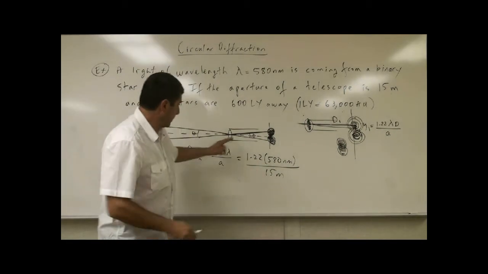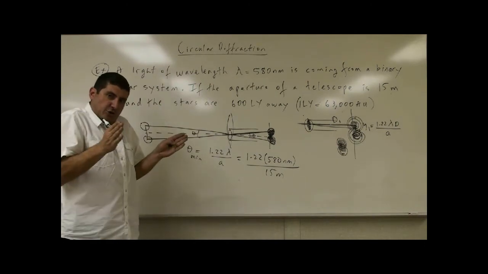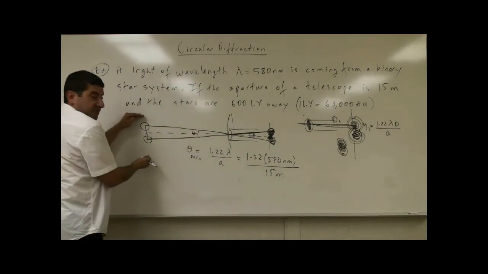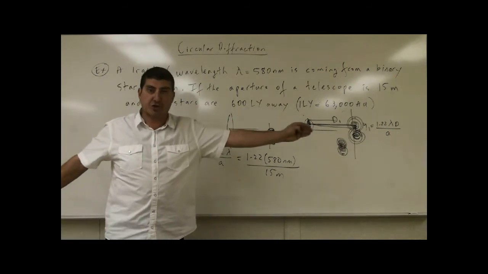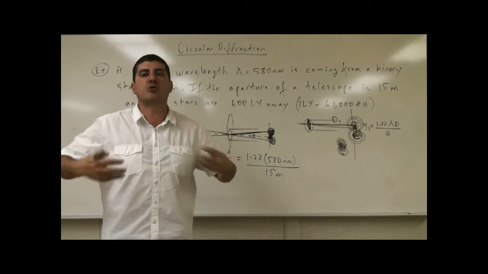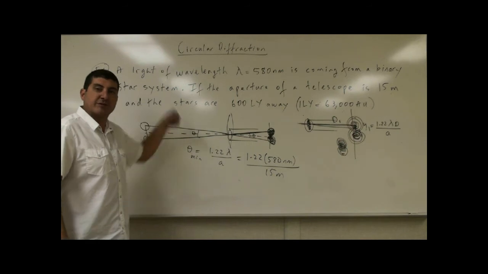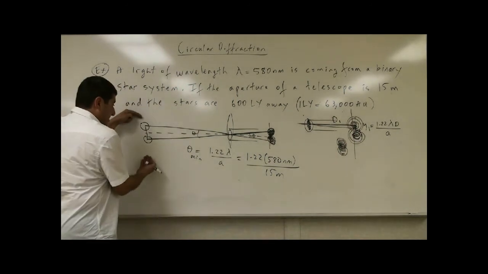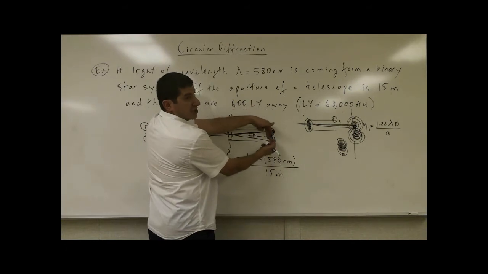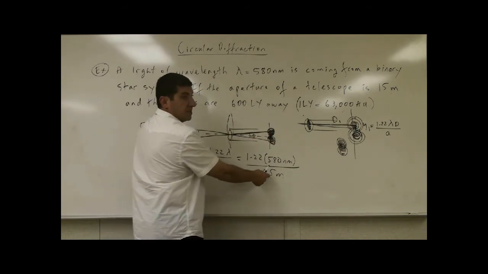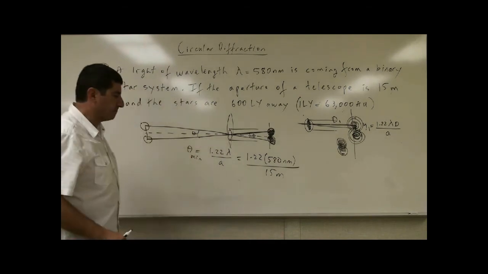Well, the bigger the aperture is, the minimum angle is smaller. That means the two stars can approach each other, right? So the bigger the aperture of the telescope, the higher resolving power it has, because theta minimum goes smaller. The two stars can get closer and the patterns will still not be touching each other. So the bigger this is, the smaller the theta minimum is, which is good for you, okay?